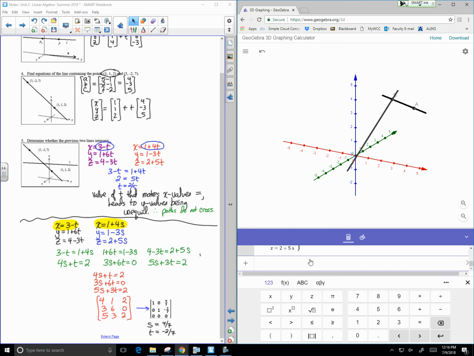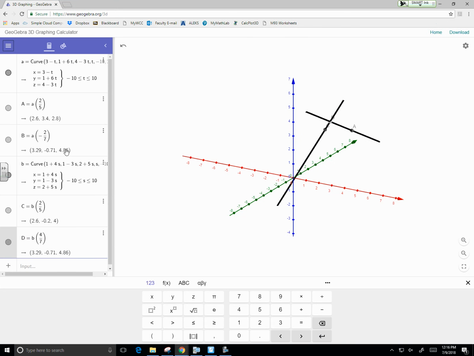So let me put in curve B, lowercase, the 2/5. And then the 4/7 should put me right at B. Yeah, same coordinates, point B and D, which is this location.